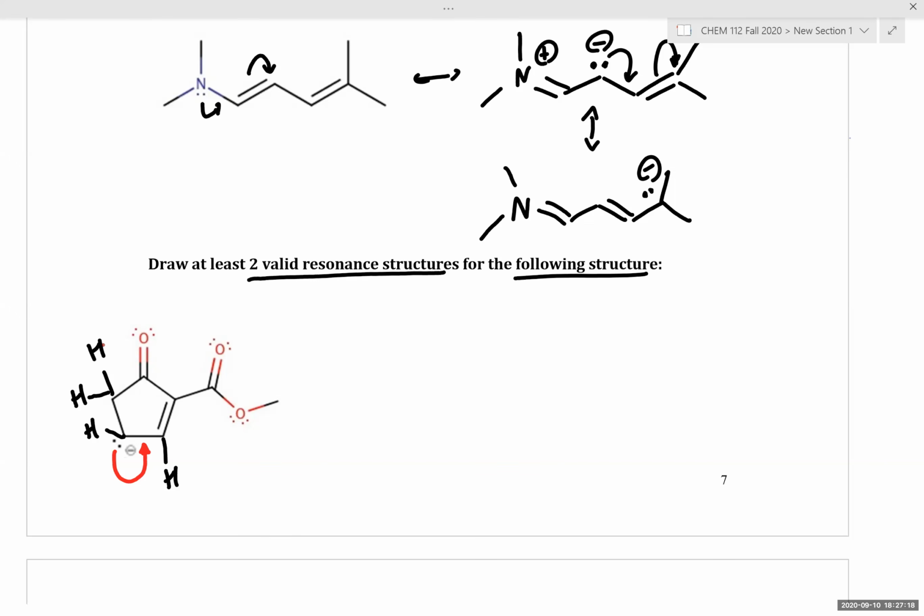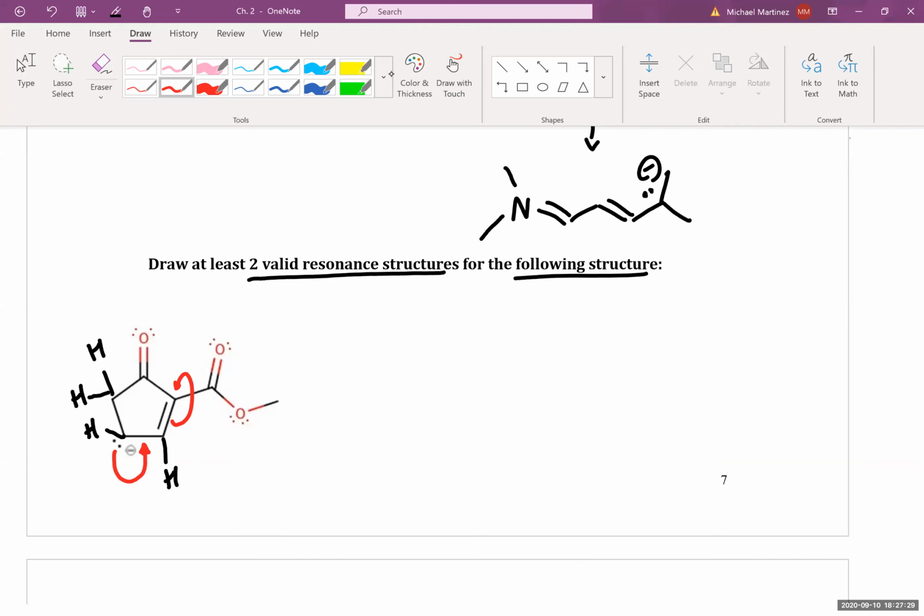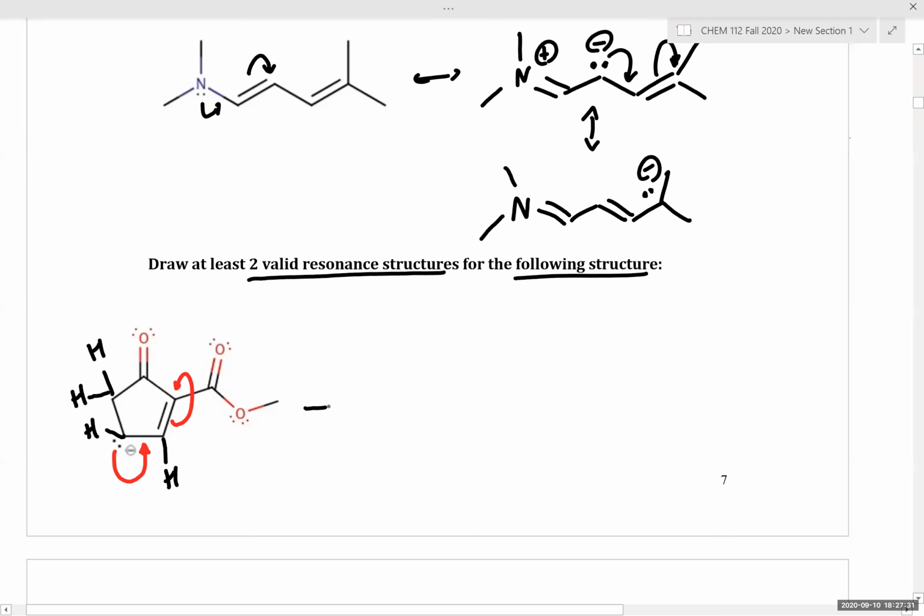So when we kick our electron density down to form our bond, the electron density in our lone pair gets kicked up to the carbon and we generate a new lone pair. So this is our first resonance structure. And from the responses I saw, I do believe that students are comfortable drawing resonance structures.